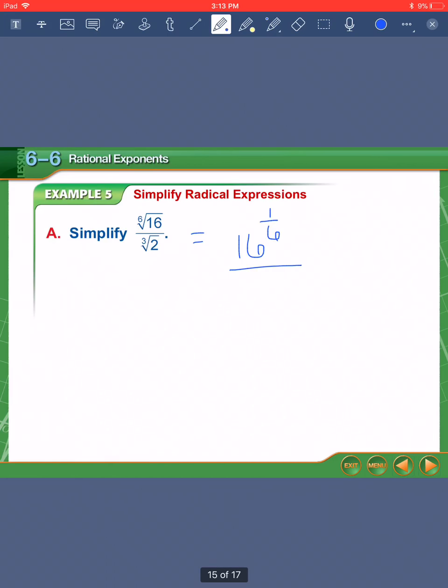Over, I can write the cube root of 2 to be 2 to the 1/3 power. Well, 16 I can simplify. I can simplify 16 to be 2 to the 4th power. So this is really 2 to the 4th power, and you can make it 4 over 1 times that 1/6 that was already up there.